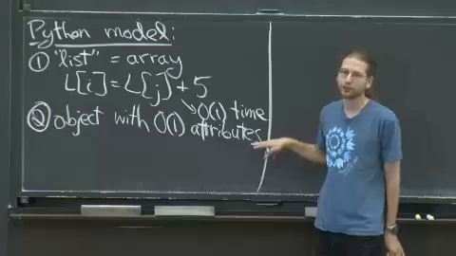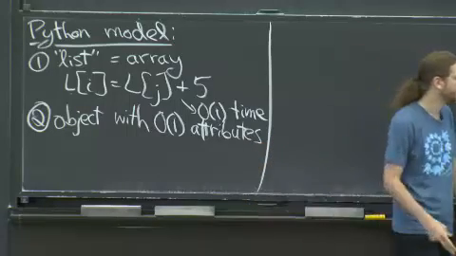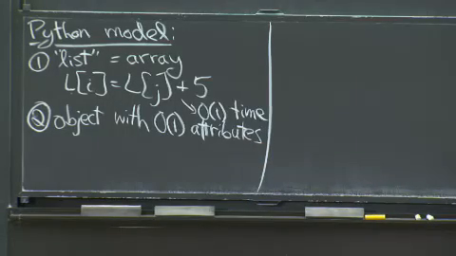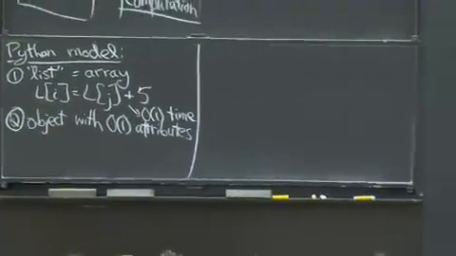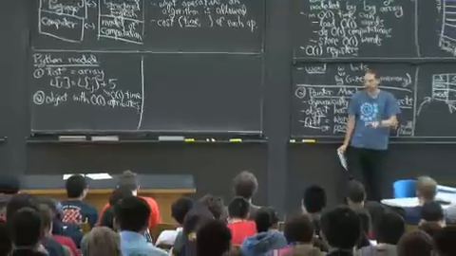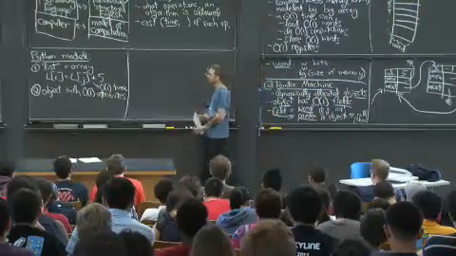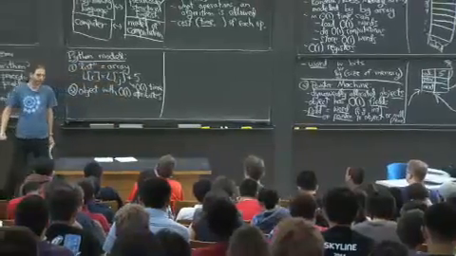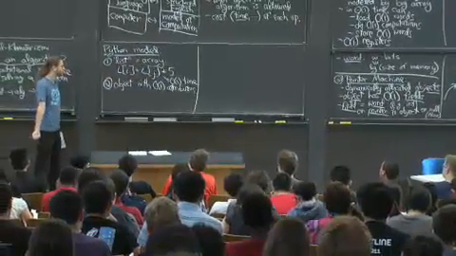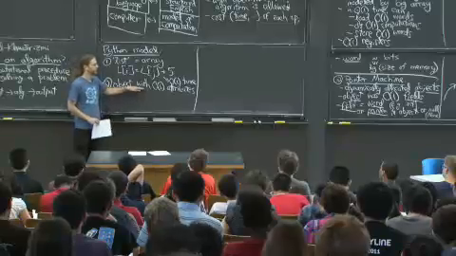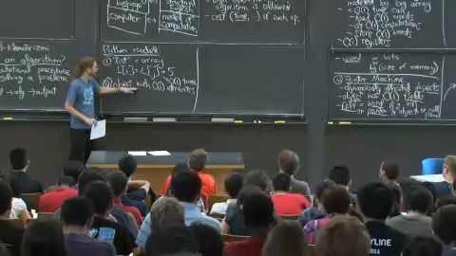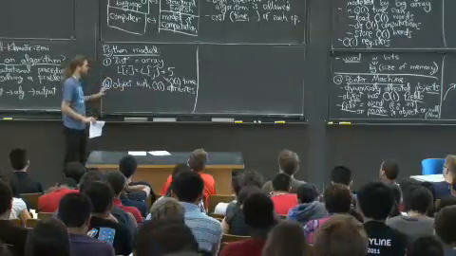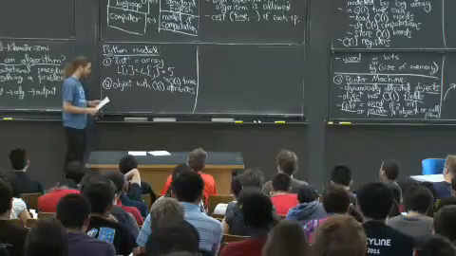If your object has a constant number of attributes, it can't have like 1,000,000 attributes, or n attributes, then it fits into this pointer machine model. So if you have an object that only has like 3 things or 10 things or whatever, that's a pointer machine. You can think of manipulating that object as taking constant time. If you are screwing around with the object's dictionary and doing lots of crazy things, then you have to be careful about whether this remains true. But as long as you only have a reasonable number of attributes, this is all fair game.